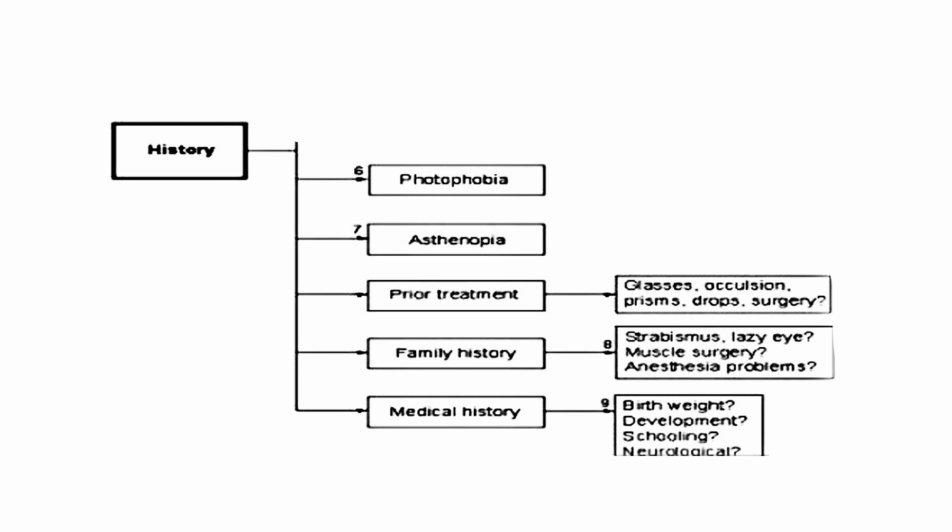And again we have to know the previous medical history about birth weight or prematurity, developmental disorder, neurological disorder, and some systemic medication or allergy to drugs. We have to ask about all these things, and the socio-economic status of the patient at the end.